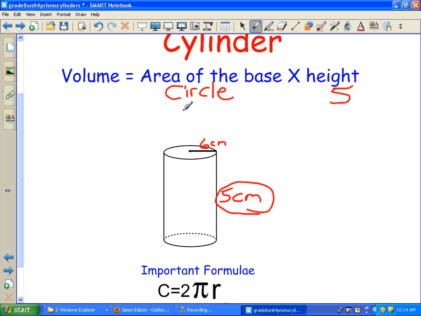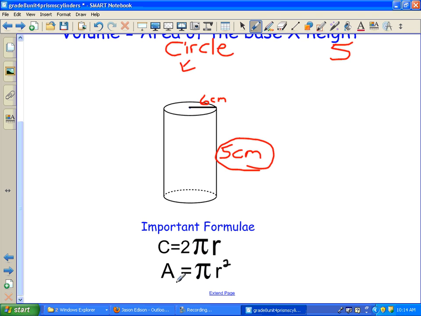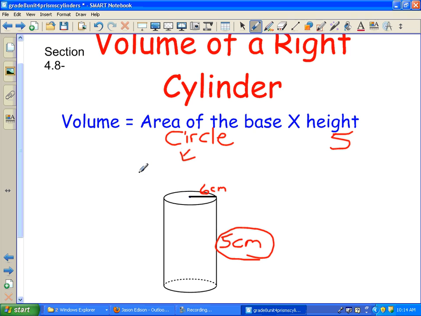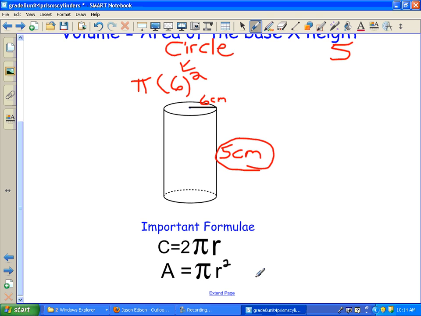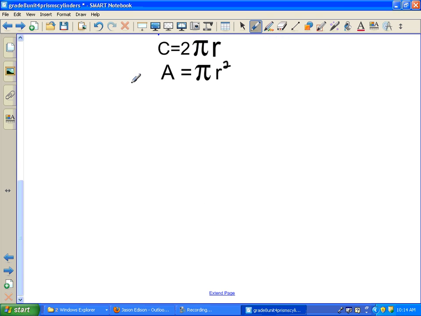Now the area of a circle, if you remember your formula, the area of a circle is pi r squared. So I'm going to put pi there. We know what pi is. Do we know what r is? Oh, the radius is 6. And then we're supposed to square it. So let's rewrite the entire formula with everything punched in. So area equals pi times r squared.